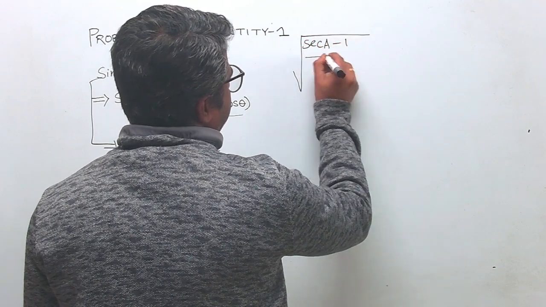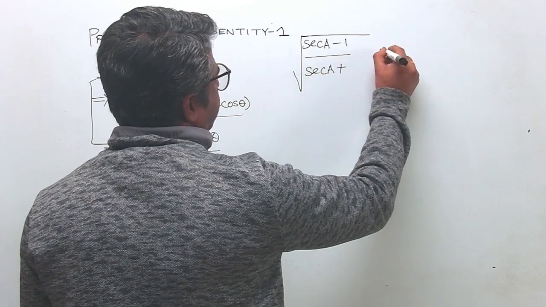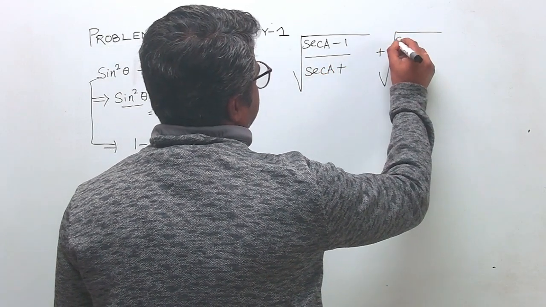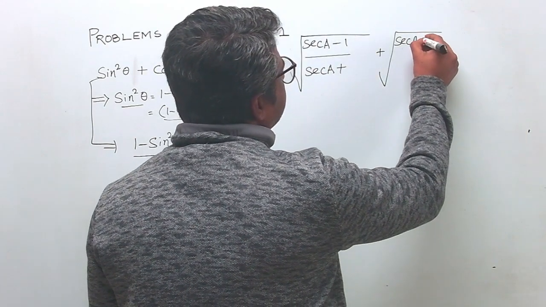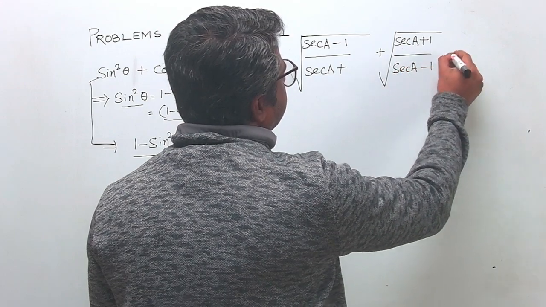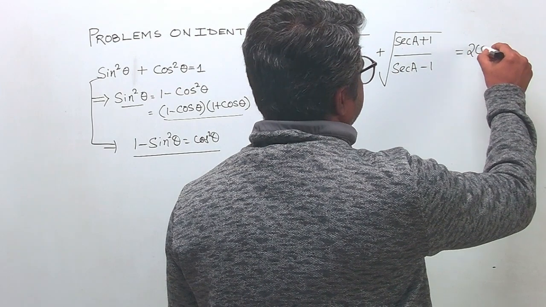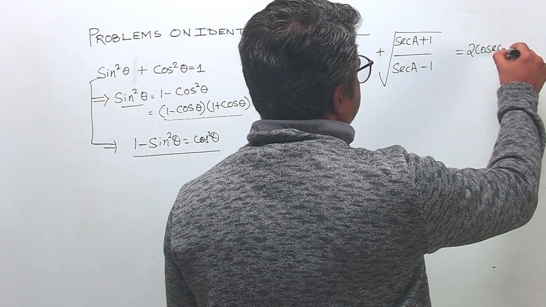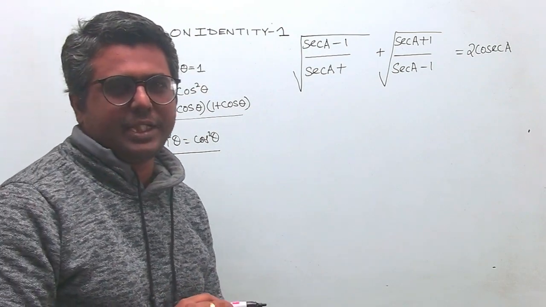Sec A minus 1 by sec A plus 1, plus sec A plus 1 by sec A minus 1, is equal to 2 cosec A. So how am I going to think about this one?